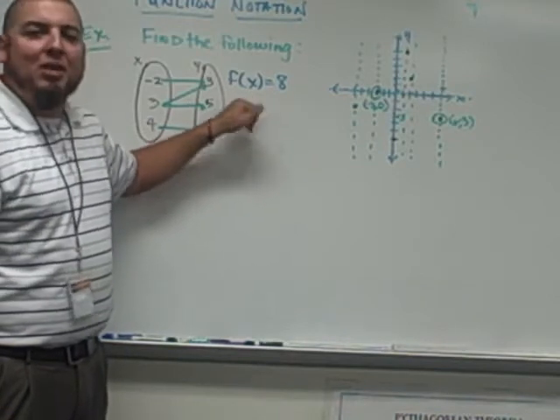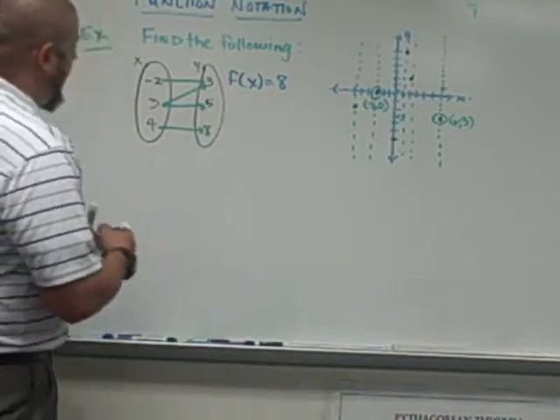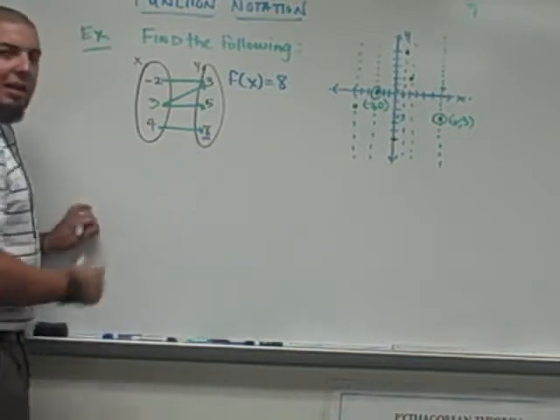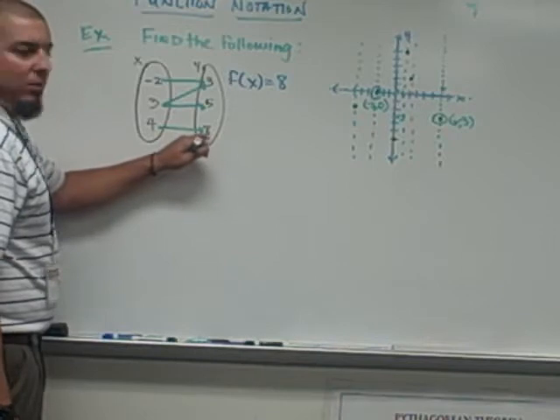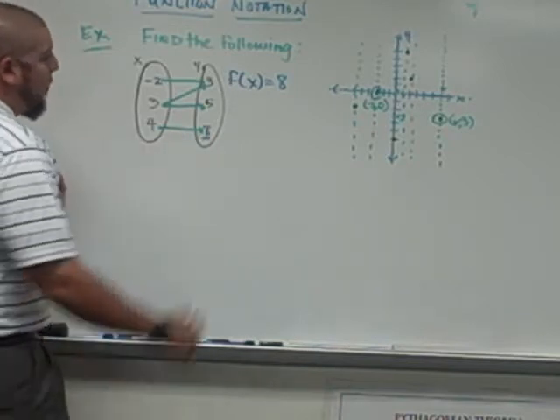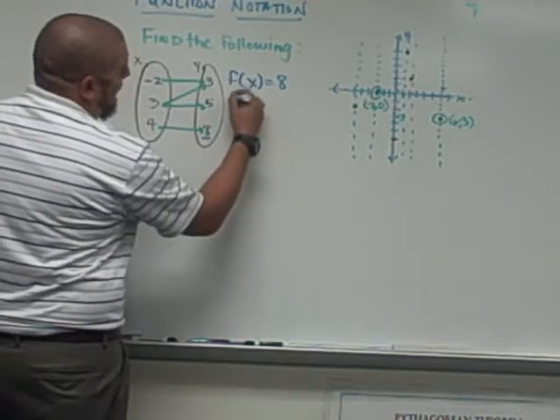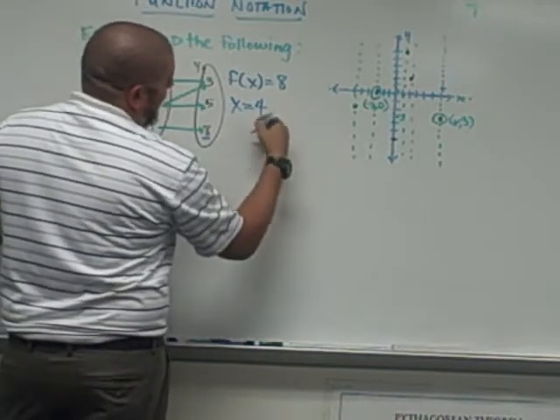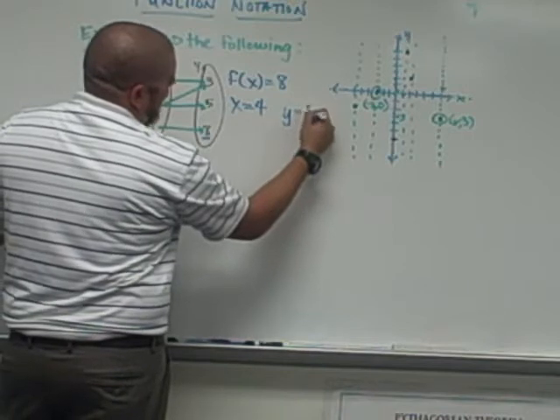When that x is unknown, I've got to figure that out. So here, my y value is 8. What x value is associated with that 8? Well, follow the line and you'll see 4. So if f of x equals 8, then x equals 4. So when x is 4, y is equal to 8.